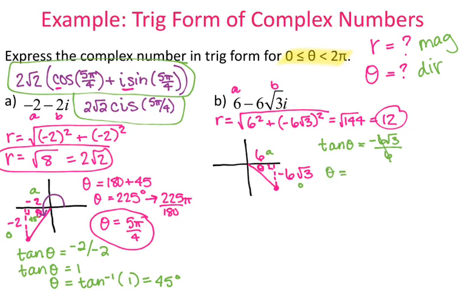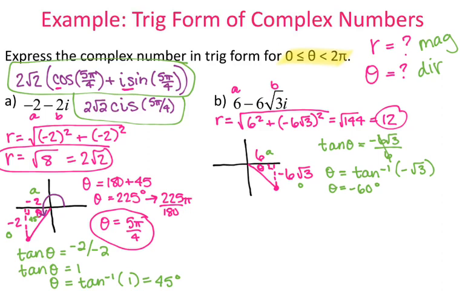And since I'm solving for an angle, I'm going to do inverse tangent of negative root 3. And I am not quite sure what that is off the top of my head, so I'm going to trust my handy dandy TI-84 to figure it out. That's negative 60 degrees. I feel like I should have known that, but you know, I didn't.